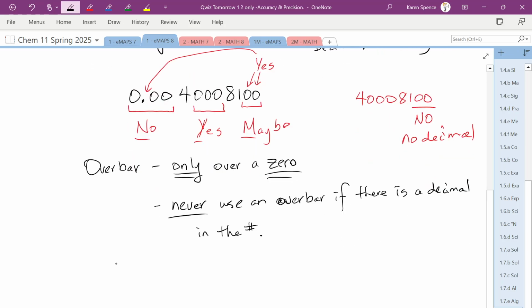So I would never do 4001 and stick a bar over that one, because I already know that one is significant.